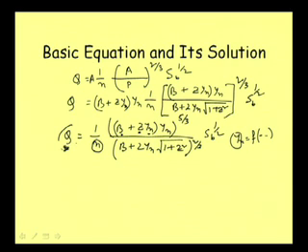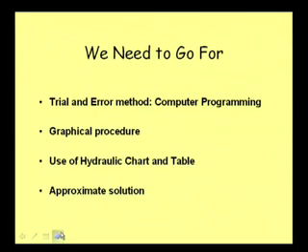But if you are asked that Q is given, bed width is given, and Manning's n is also given, then to calculate y n directly you cannot, and that is why it calls for some other method. Many a time we can go for a trial and error procedure or some other methods, and let us see what methods we follow for computing this uniform flow.